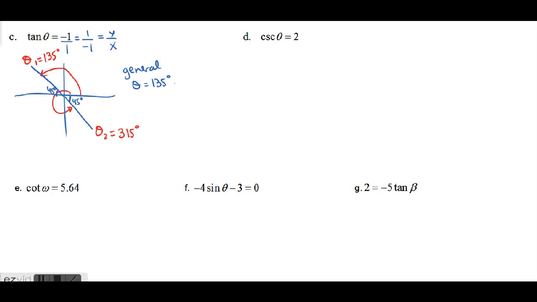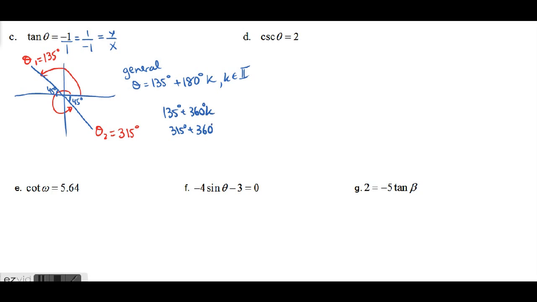You don't have to use both, and just say plus 180 multiple, and k is some sort of integer. Once you learn how tangent function looks, then this actually will be really clear why it's 180 here.